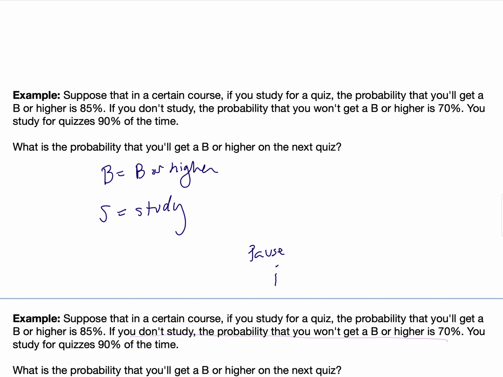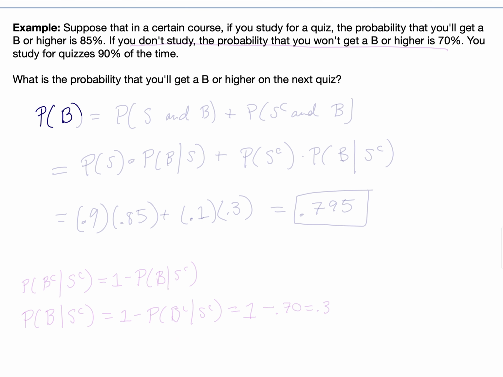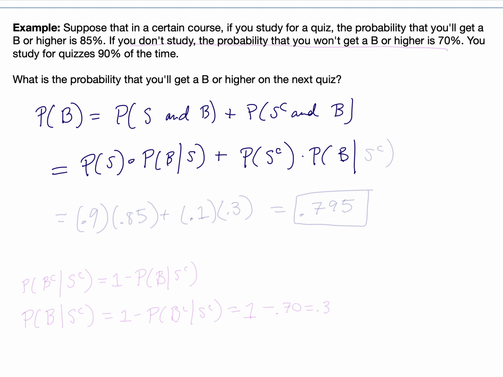Okay, so we're looking for the probability that we get a B or higher, and we know that that's equal to the probability that we study and then get a B or higher, plus the probability that we don't study, S complement, and then we get a B or higher. And then that is equal to, using the multiplication rule, the probability that we study times the probability that we get a B or higher given that we studied, plus the probability that we don't study times the probability that we get a B or higher given that we didn't study.